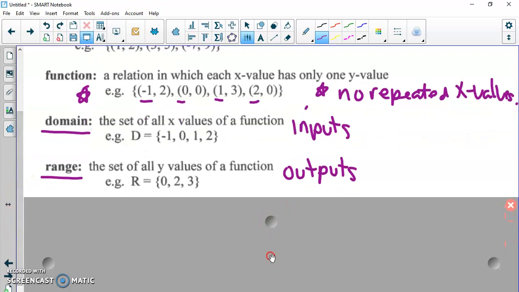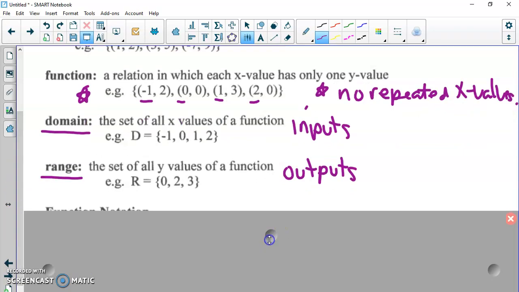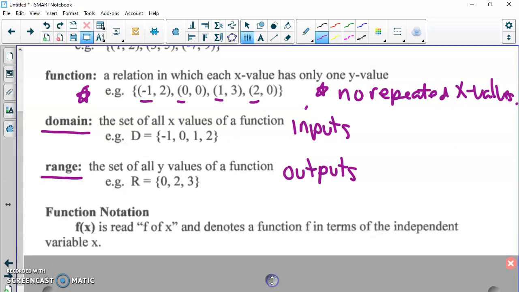All right, so let's see if this will move for me. Okay, function notation. The other day when we were graphing, the 3 graphs we graphed, one was a line, one was a quadratic, and one was absolute value. All of them were written as y equals. Well, now when we are dealing with the equations, we're going to come across a lot of equations that we're talking about at the same time.